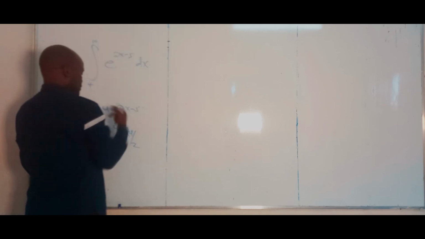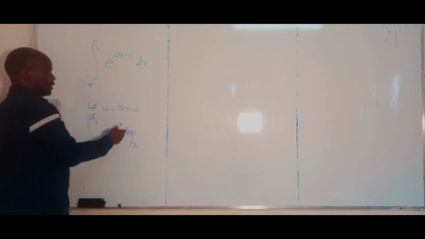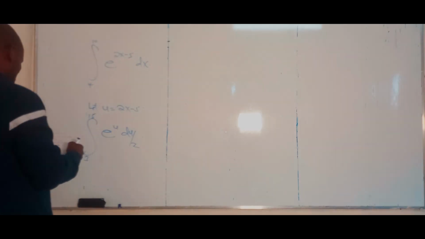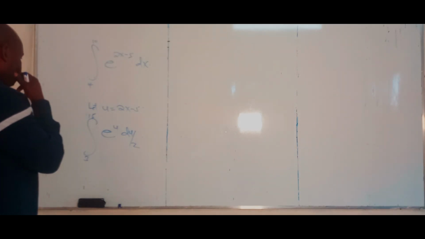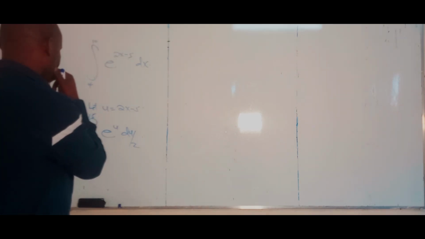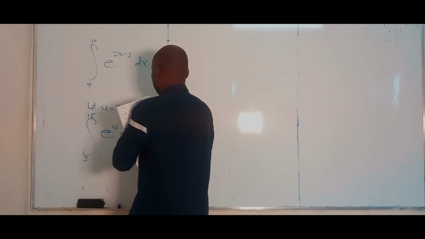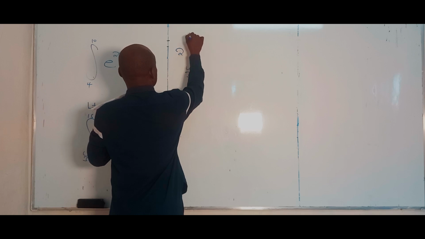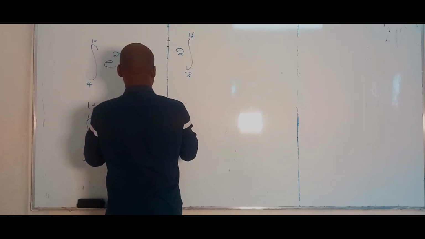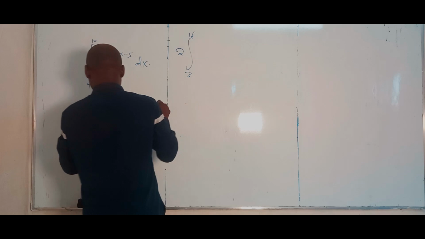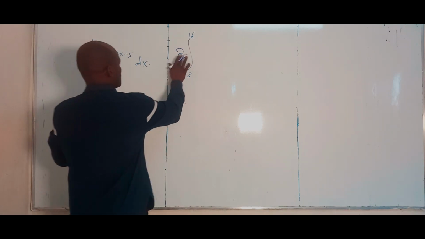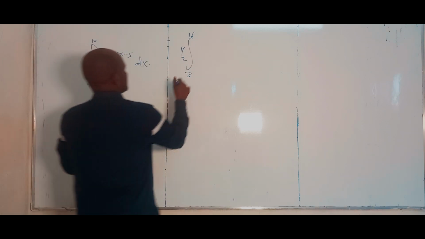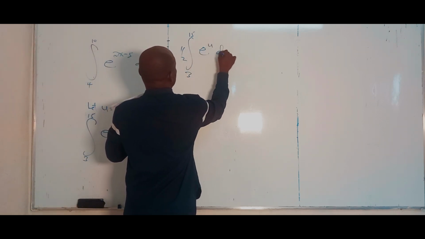Because where it's dx, where there is x, you replace it with du over 2. So once we are here, clearly we see that we can bring this out, so that I have 3 to 15, this is half, not 2. Then I have e raised to power u du.